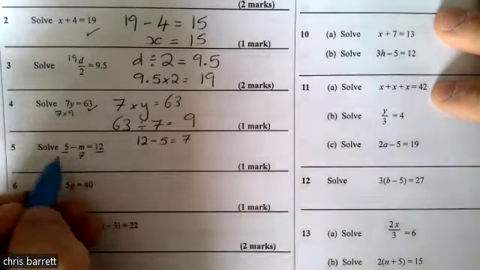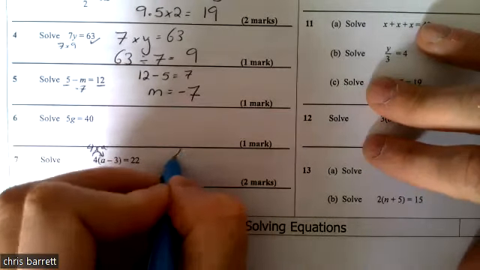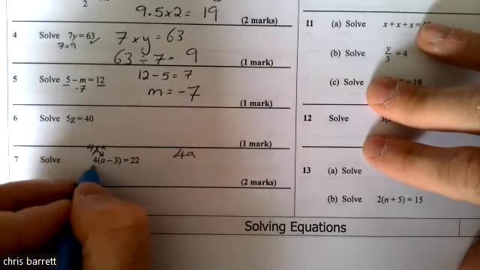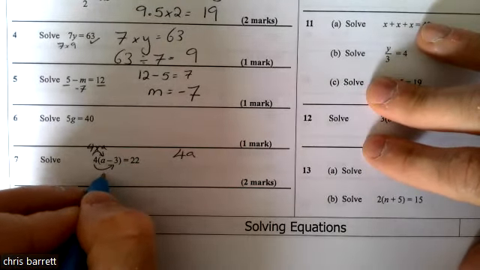This number 7 now is a two-step operation where we're going to have to do expanding the brackets first of all, and then solving. So the first thing I want to do is have 4 multiplied by a, which gives me 4a. Then 4 multiplied by 3 is 12. The positive and the negative gives me a negative.